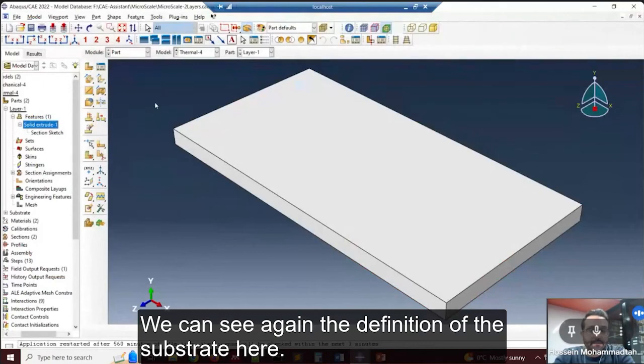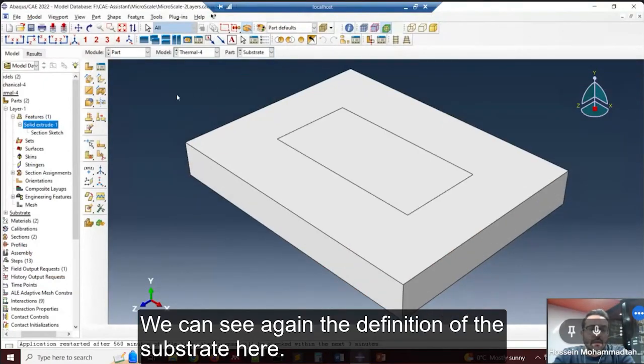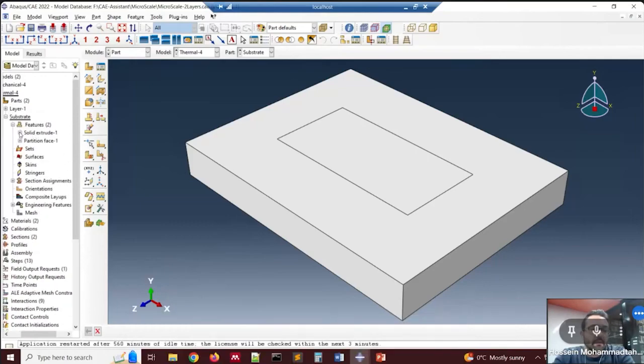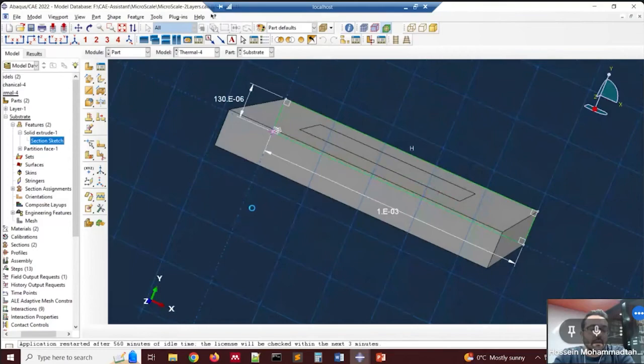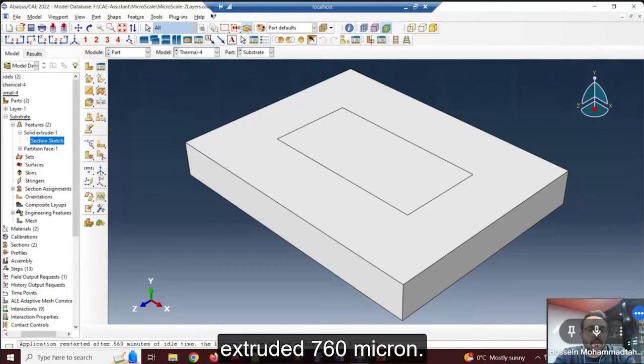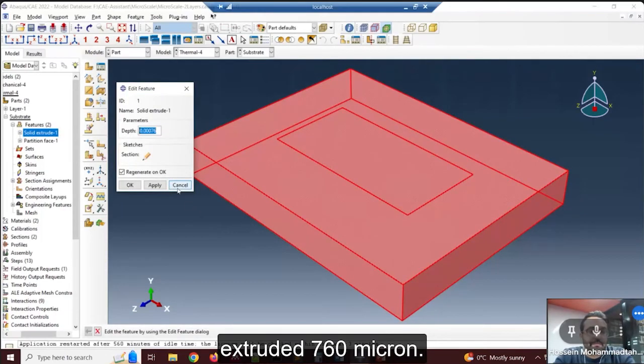We can see again the definition of the substrate here: the section sketch is 130 micron, the length is 1000 micron, and it was extruded 760 micron.